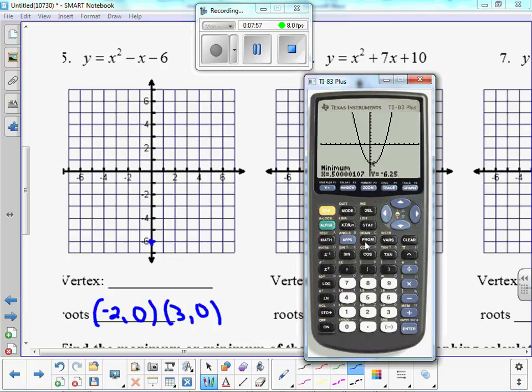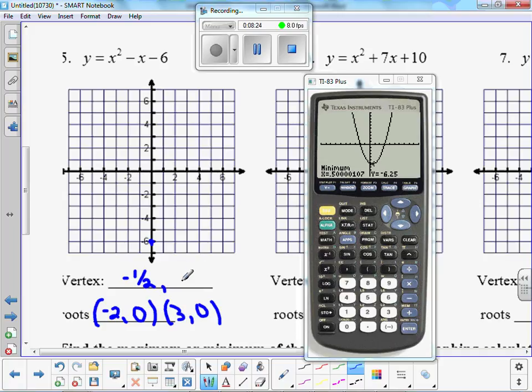So we see here the minimum is x is 0.5 or 1/2 and y is negative 6.25, or you can say negative 6 1/4. So we can put it in a decimal if you would like. So if you have x is 1/2, let's just write it in a fraction, it's a little bit easier.